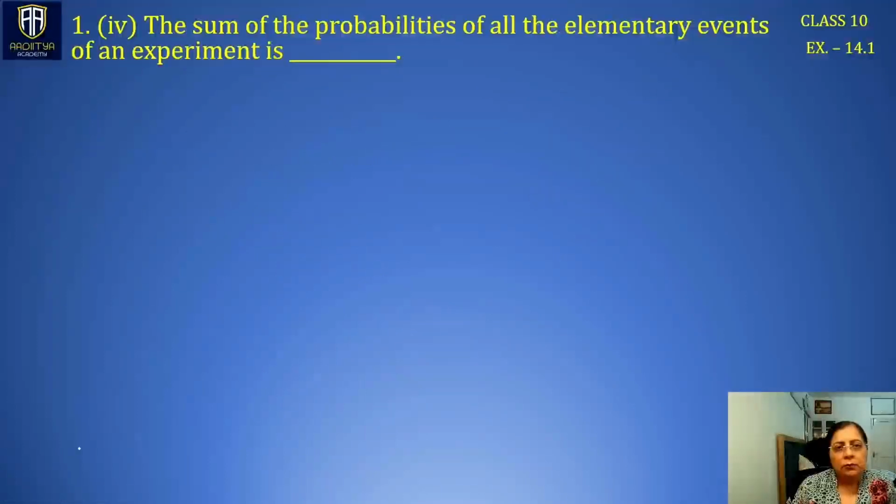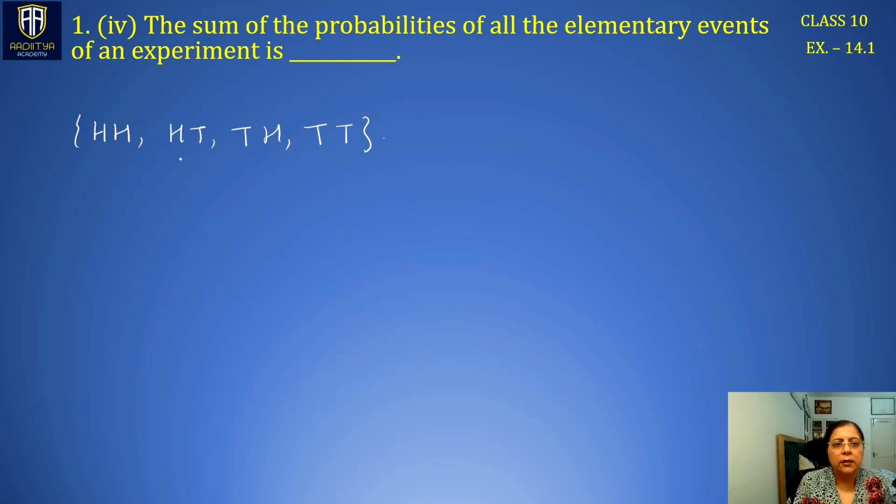Next, we have the sum of the probabilities of all elementary events of an experiment. See, if we make a sample space for tossing 2 coins, we have head-head, head-tail, tail-head, and tail-tail. These are 4 elementary events.